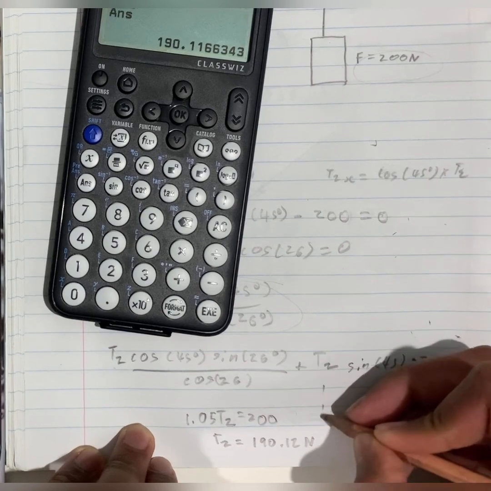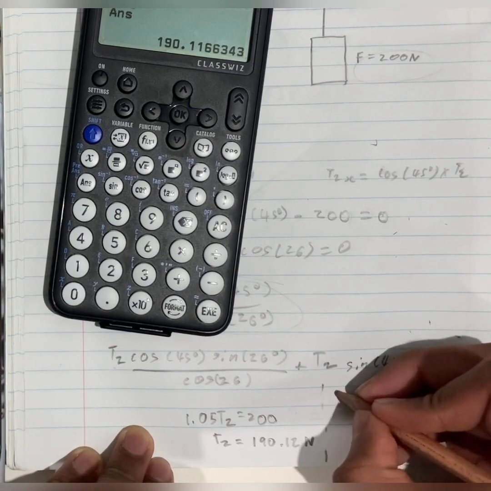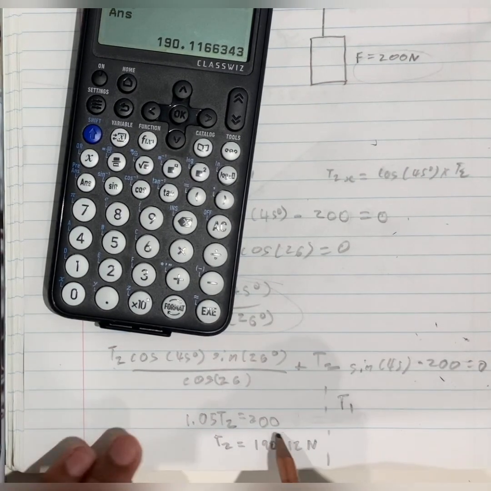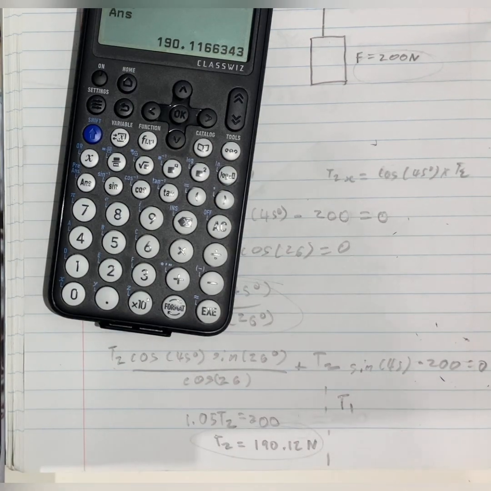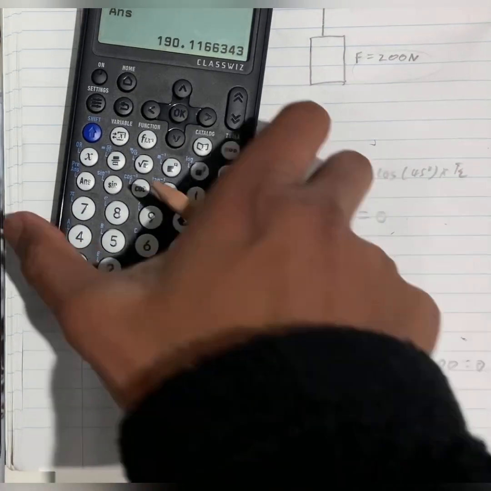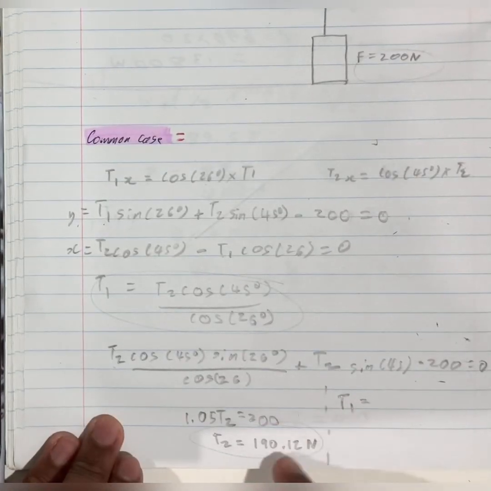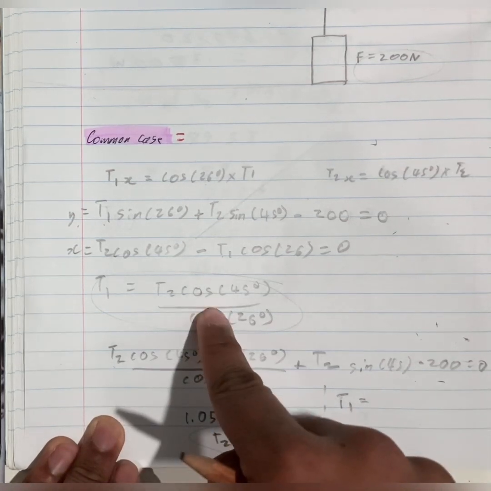Now, let's quickly solve for T1 as well. Now that we have the T2 value, T1 is very easy. We just sub in this value into this equation that we made before.